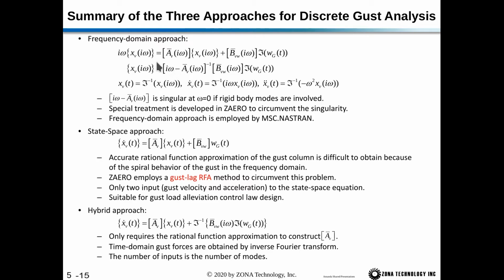And this term here, i omega minus A bar v of i omega, is singular at omega equals 0 if rigid body modes are involved. However, we have special treatment developed in ZAERO to circumvent the singularity, and the frequency domain approach is employed by MSC Nastran.